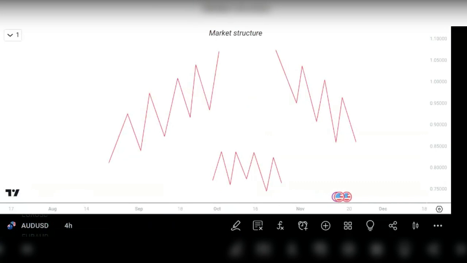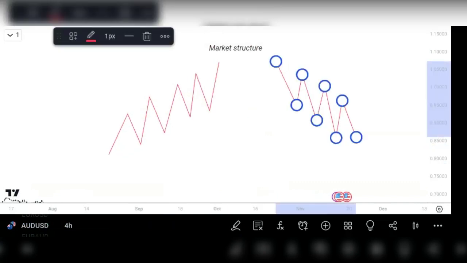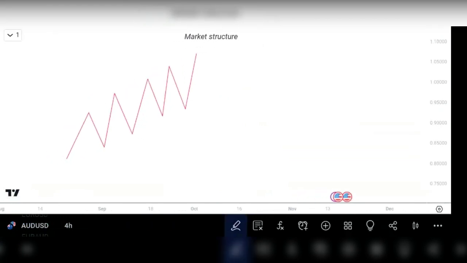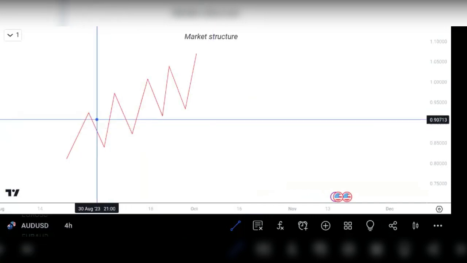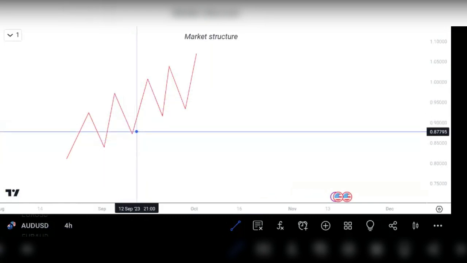Now, when we are moving in an uptrend, price creates a series of higher highs at the upside and higher lows at the downside: higher highs, higher lows, higher highs, higher lows.